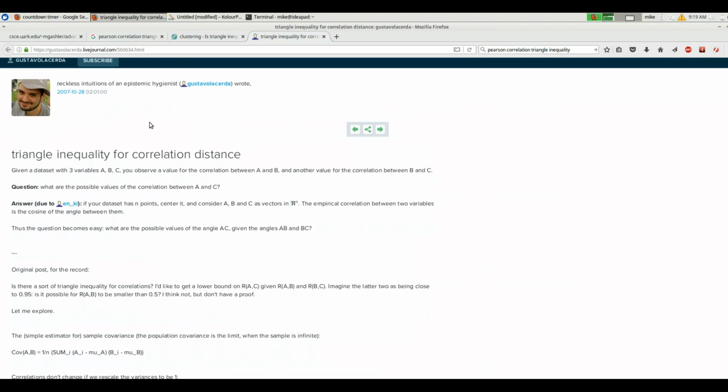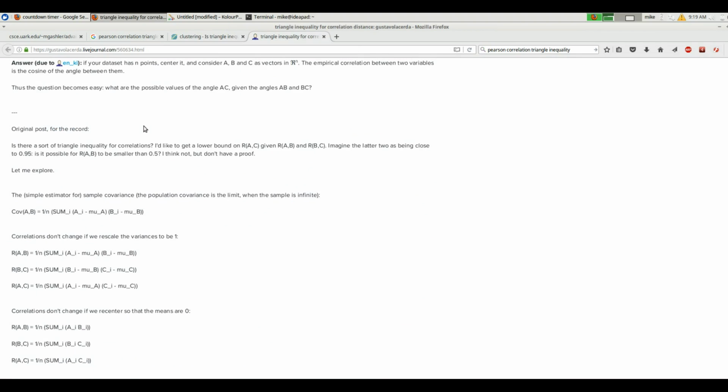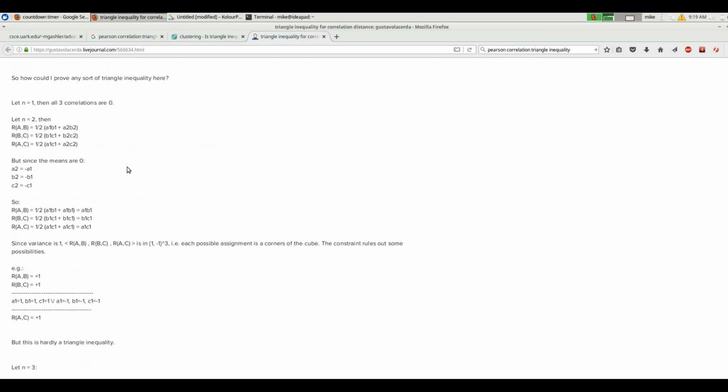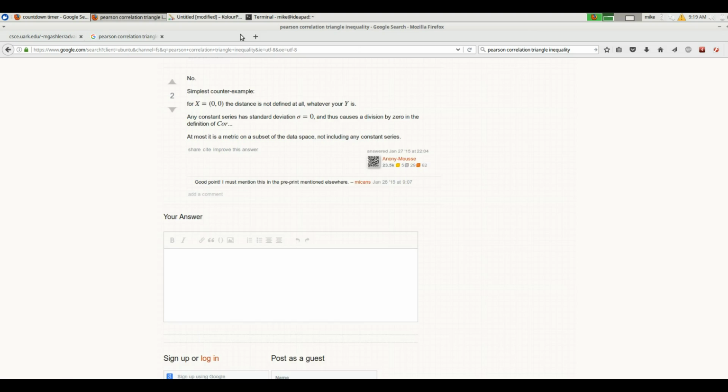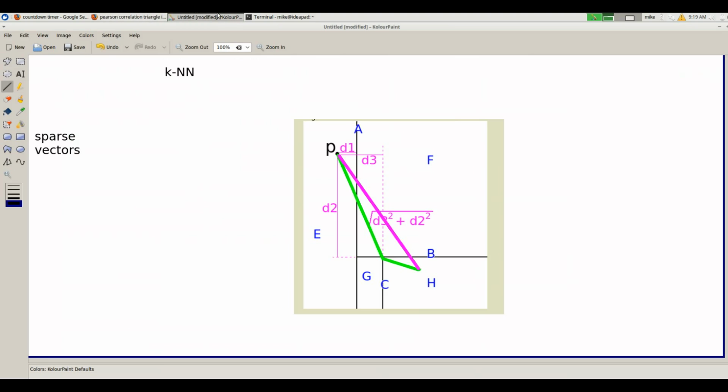But hey, have you ever wanted to go update Wikipedia? Now here's your chance. Go find this fact and add it to the Pearson's page. It should be there. So we're going to end this lecture on I don't know the answer to that question, but I hope that Pearson's follows the triangle inequality. Maybe that's why people use it instead of cosine similarity. I don't know.